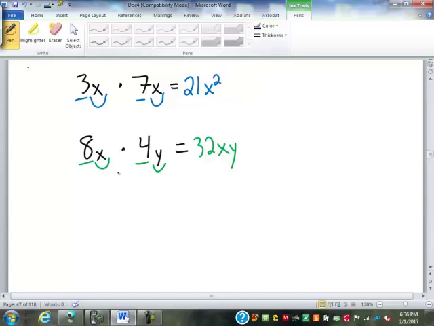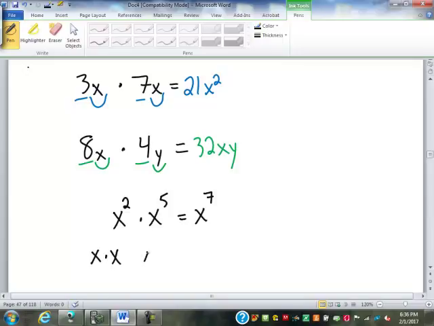Now there are some rules with those powers. Here we only dealt with x's and x squareds. If I have an x squared times x to the 5th, what's that end up being? X to the 7th. Good. The definition of x squared, of course, is x times x.